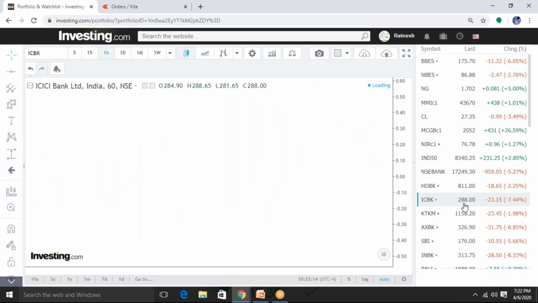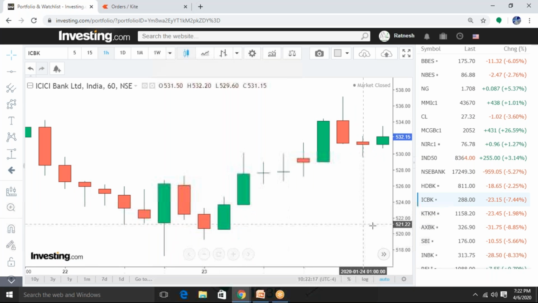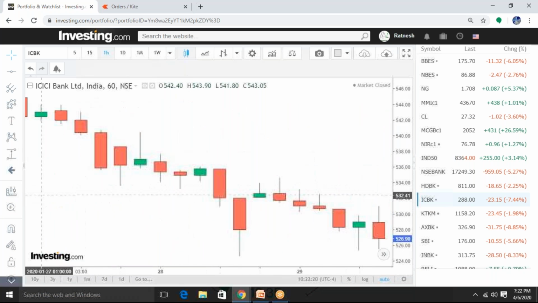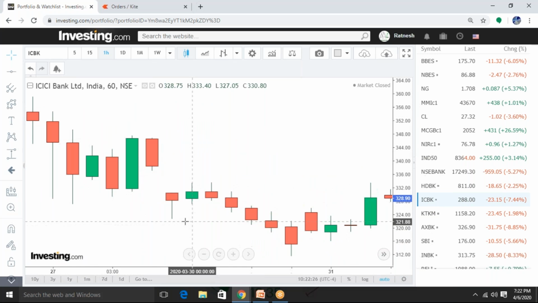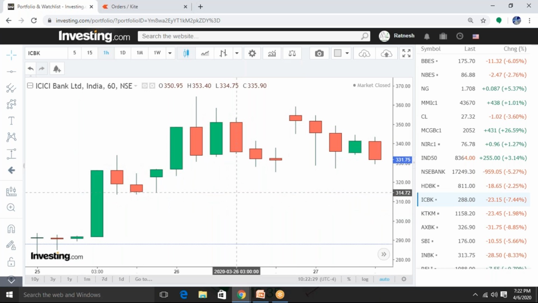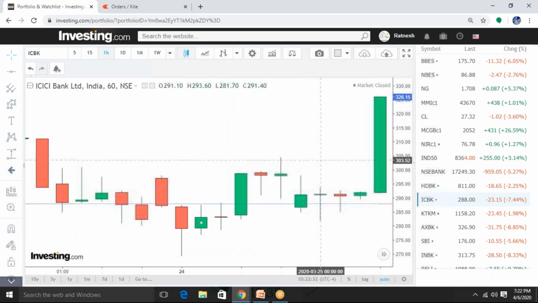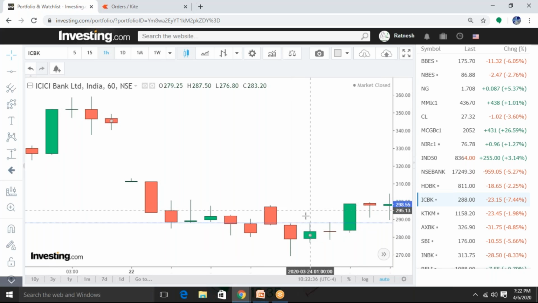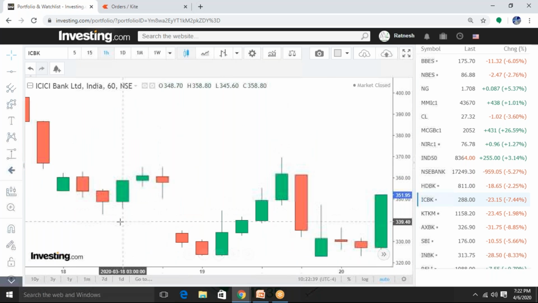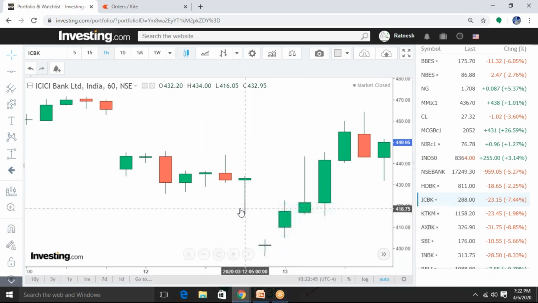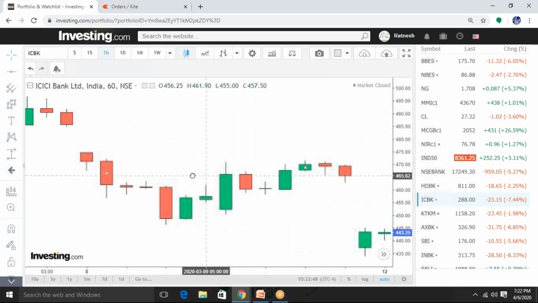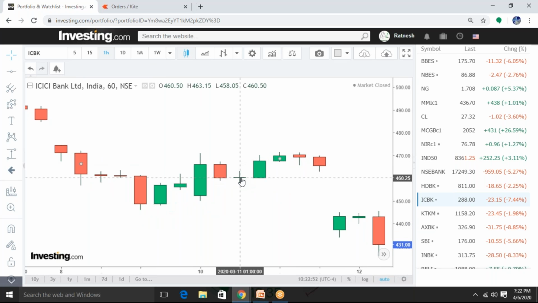One example was there in ICICI Bank, I think. See, this can be a morning star, but why is it not a morning star?